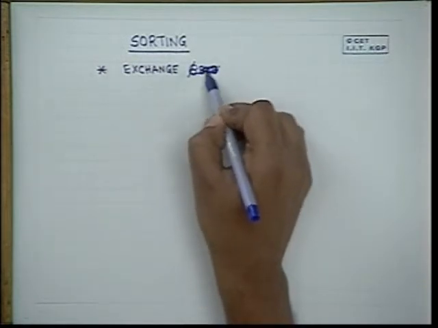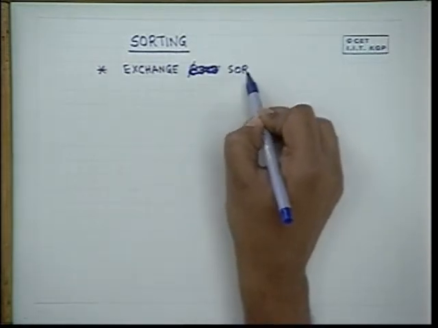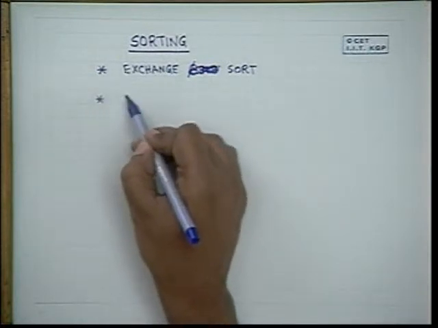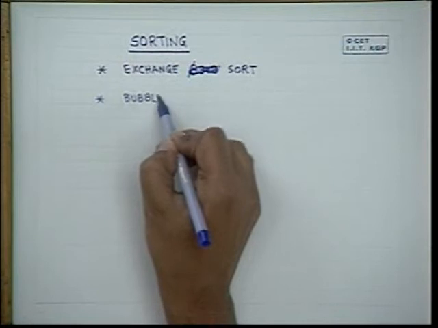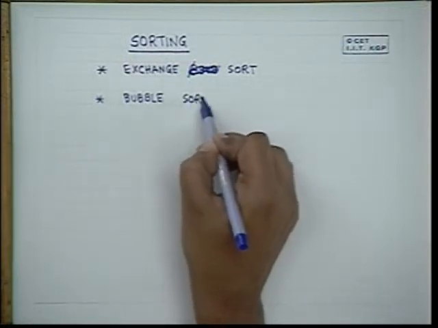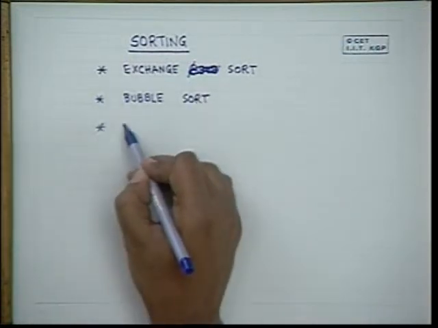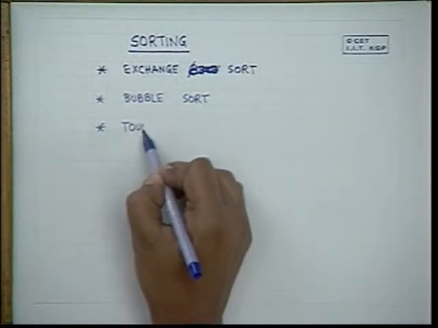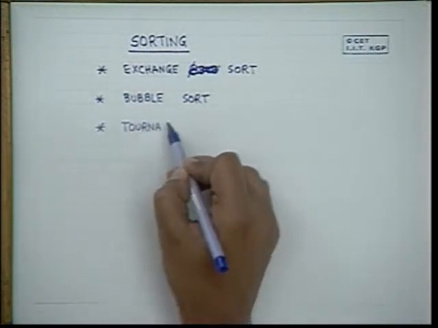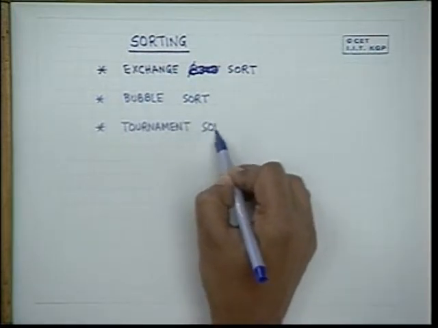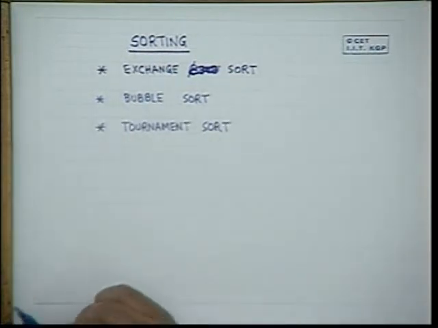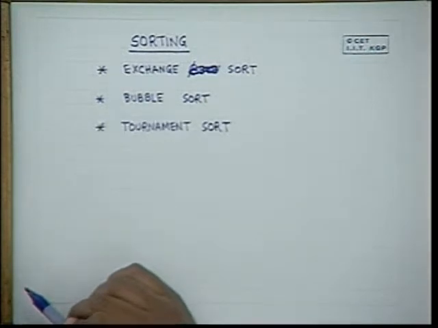So exchange sort we know. Bubble sort we know. And we did a sort of tournament sort or something like that, which we have done. 3 kinds of sorting routines we have done.